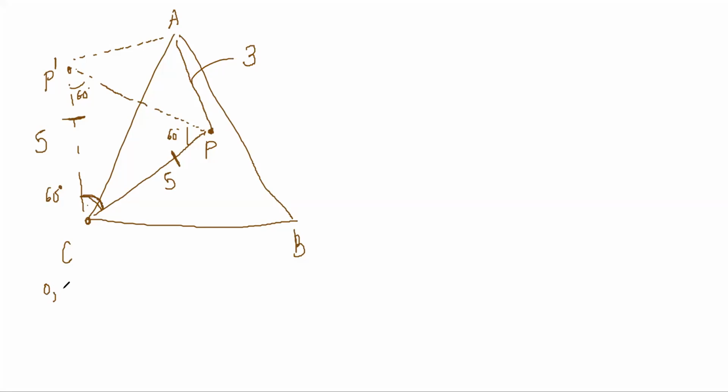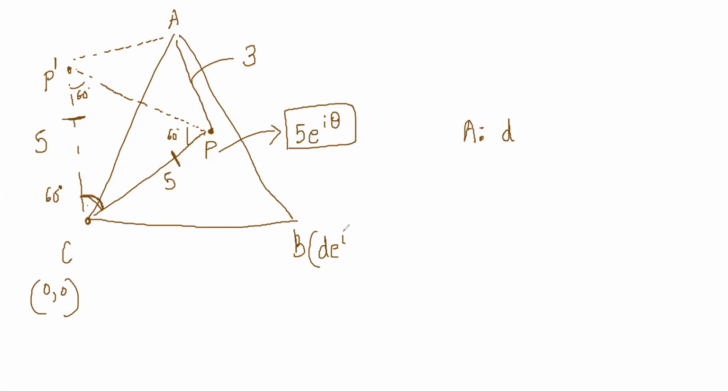You can take C as the origin. Let's take C as the origin, right? And P is some arbitrary point, which is 5 e^(i theta). You can do a rotation formula or something. I don't know. P point is 5 e^(i theta), right? And A point is D, and let's say this point is D e^(i 0), right? So this is D e^(i pi/3). Correct. So now it is rotation.